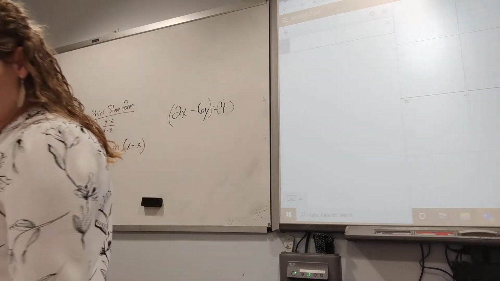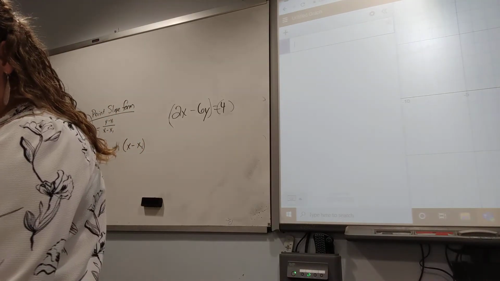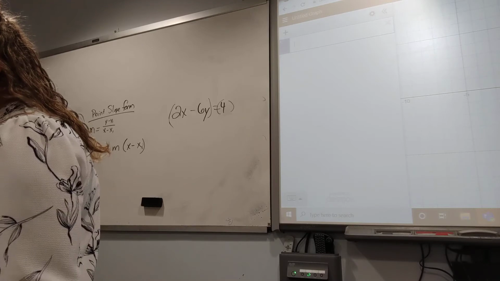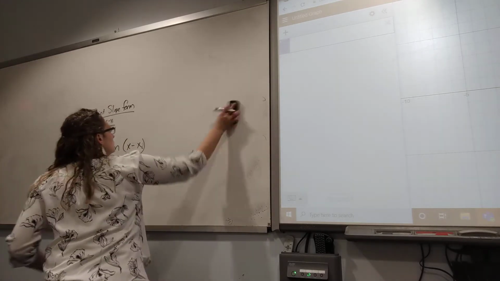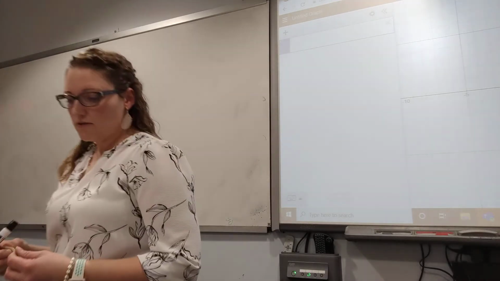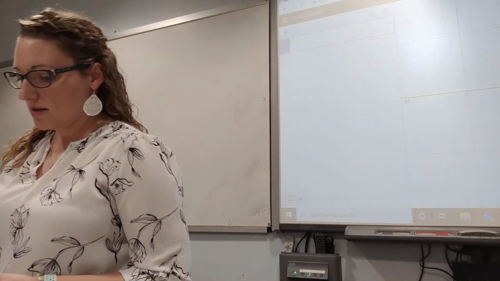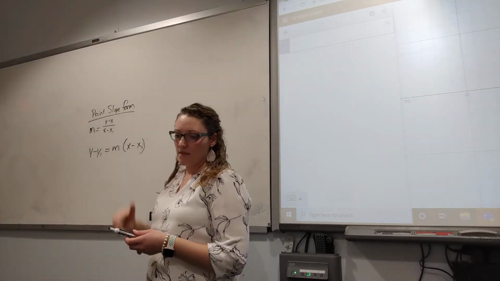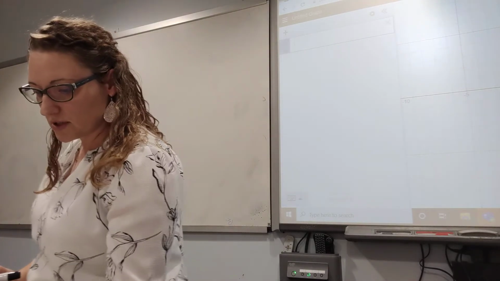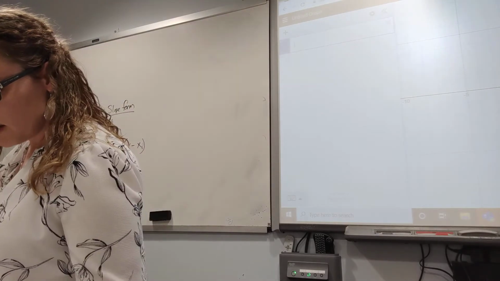Okay. So for example number 2, we're going to be using some of these graphs. We're going to be using the point slope form. And from when I was observing on Thursday, you guys did some of this one and just plugged it in, right? Not sure what you guys did on Friday, but I'm sure it's probably pretty close to this.